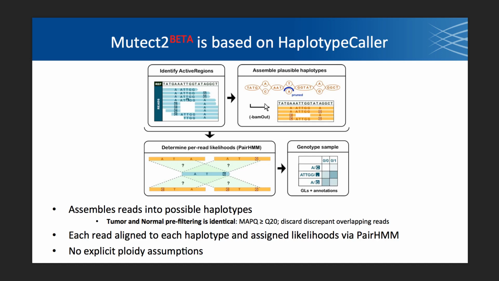There is some pre-filtering that happens, and the pre-filtering for the tumor and normal reads is identical: MapQ greater than or equal to 20. Each read is aligned to each haplotype and assigned likelihoods via PairHMM. We do genotyping in a funny way because we don't have an explicit ploidy assumption. We genotype via allele fraction.